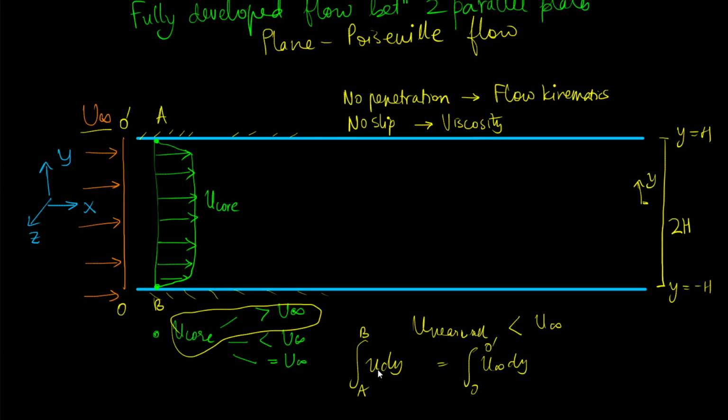Now, if one part of the velocity profile has become smaller than u infinity, then that deficit in volumetric flow rate has to be made up by an acceleration in the core. Therefore, u core has to be greater than u infinity to maintain the same flow rate.